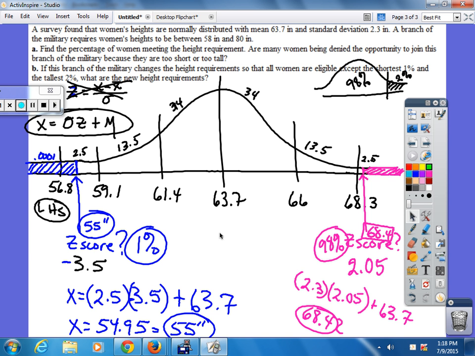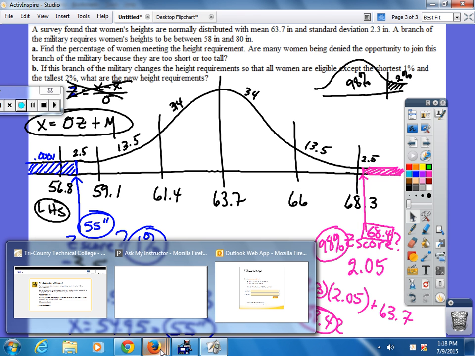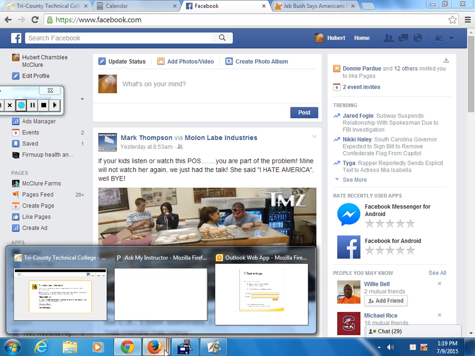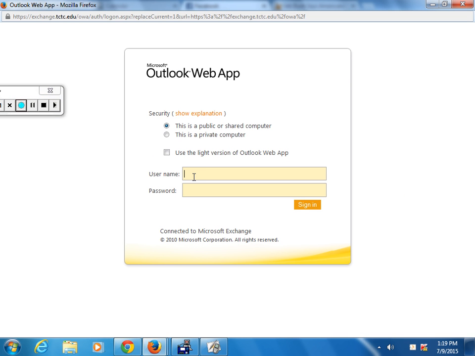What's 2.3 times negative 3.5, and then add that to 63.7? What do you get? Then that means our area is wrong. We need to look it up. Give me a second.